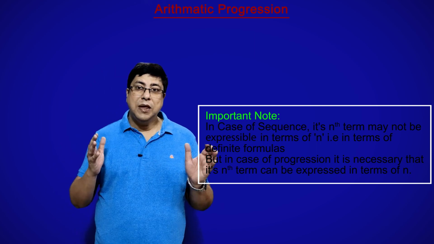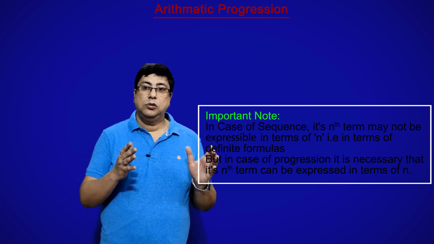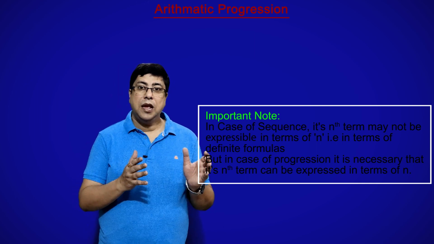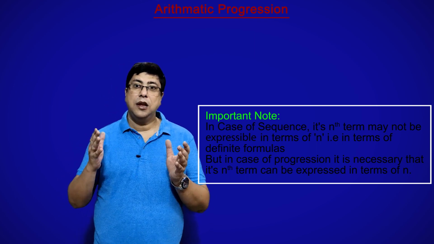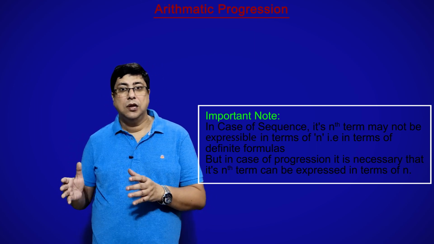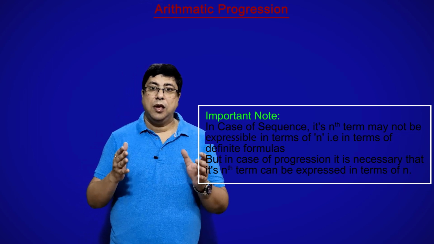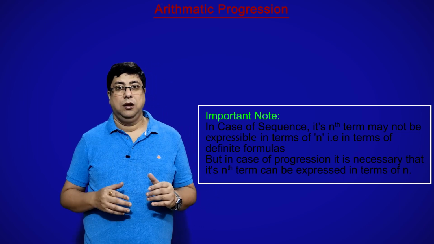So students, it means that in case of a progression, Tn equals some formula of n. That is why very good questions come in entrance examinations with respect to progression.